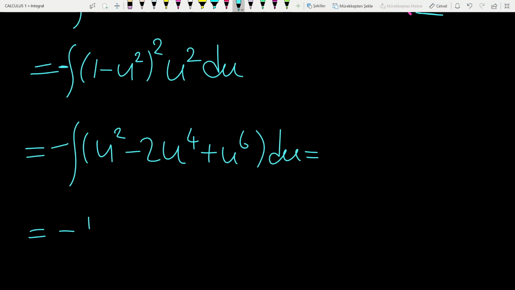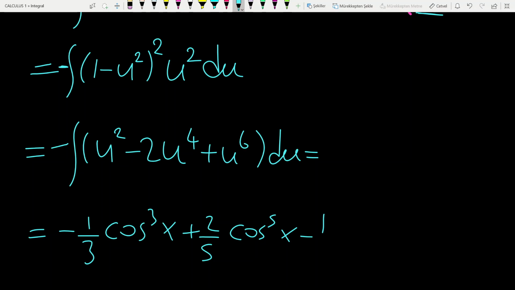Finally, I have 1 over 3 cosine cubed x, since u was the cosine function, plus 2 over 5 cosine to the power 5 x minus 1 over 7 cosine to the power 7 x. And finally, since the integral is indefinite, we have to add a constant c.